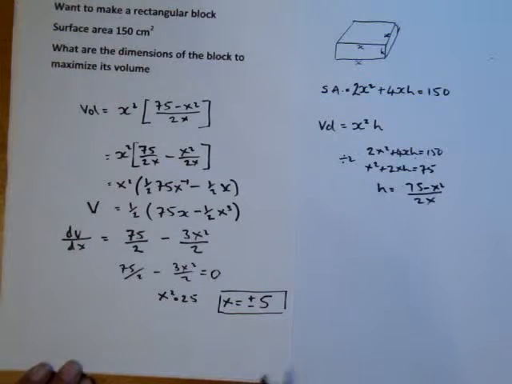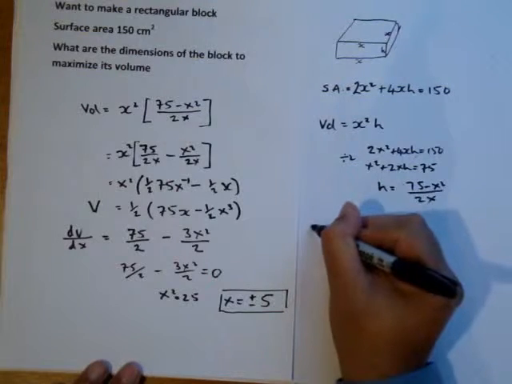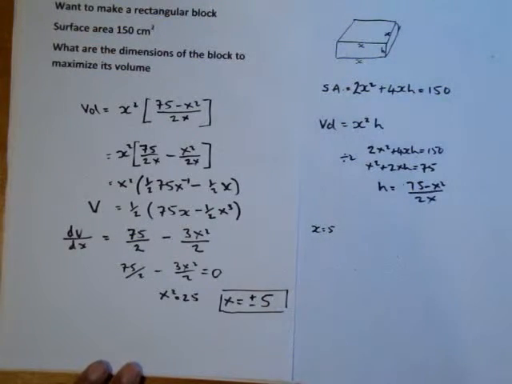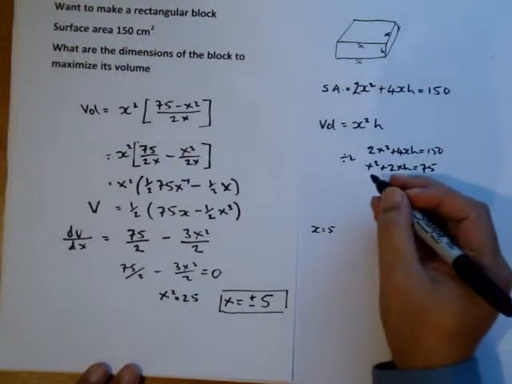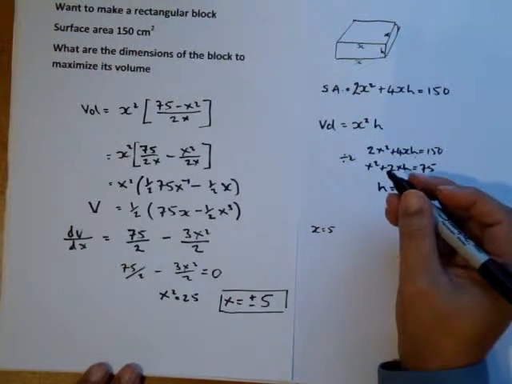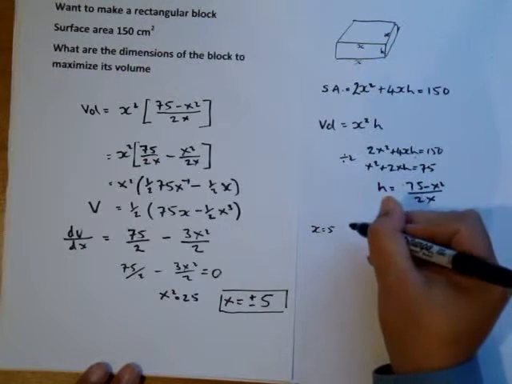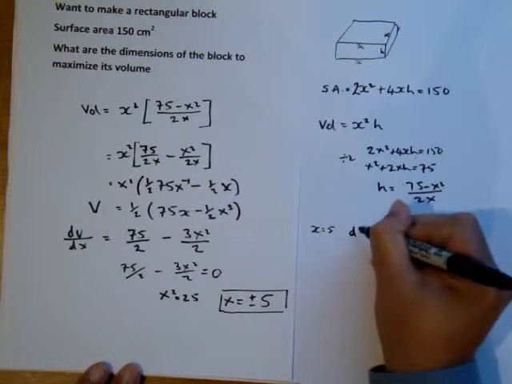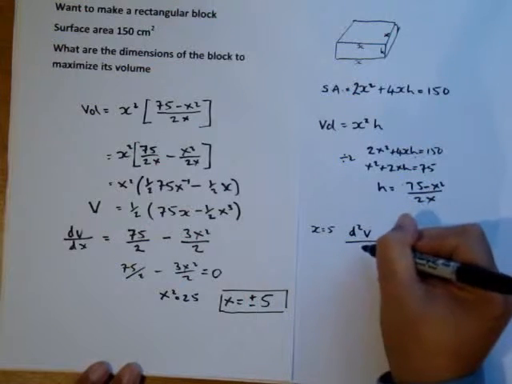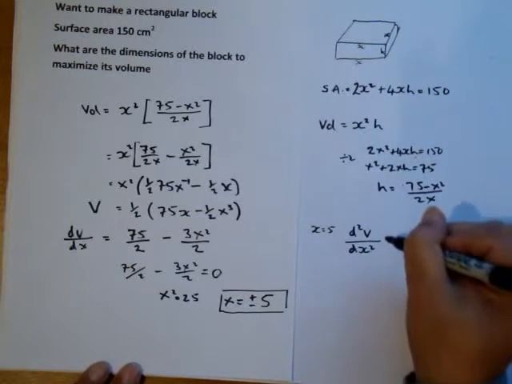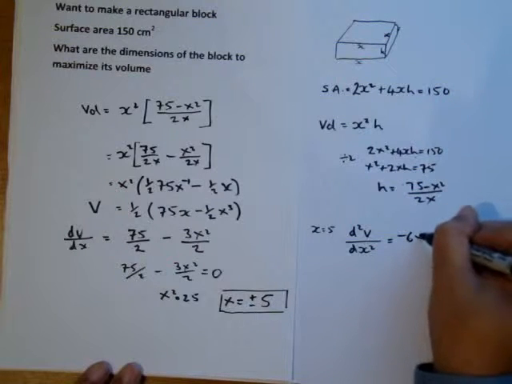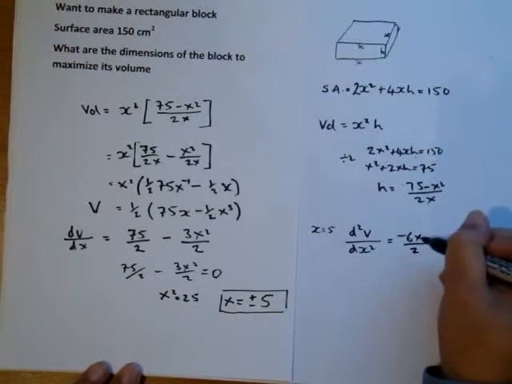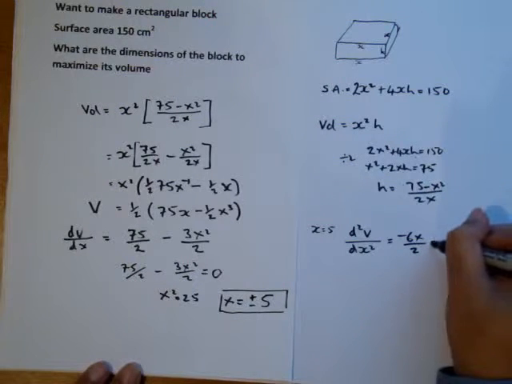So our length cannot be a negative, so it has to be a positive. So we can test that. So if we put x equals 5 into our differentiation, which we do twice, which is d2v over dx squared, this is minus 6x over 2, which equals minus 3x.